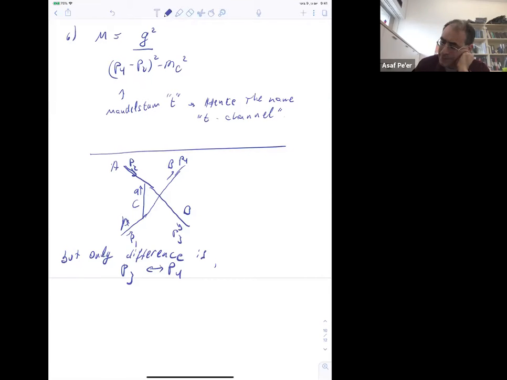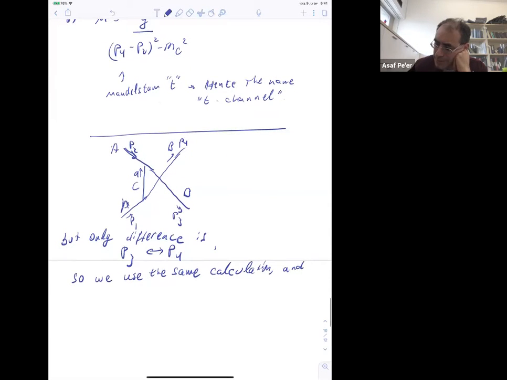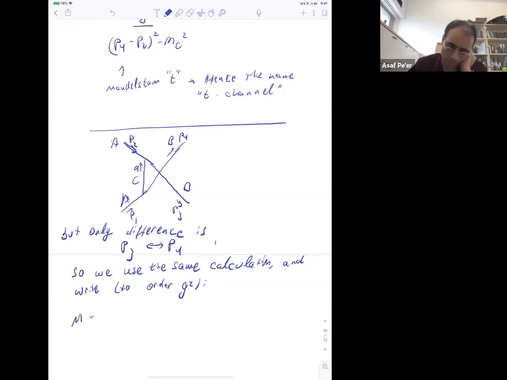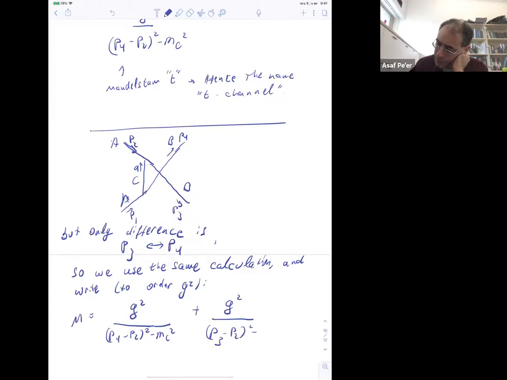We use the same calculation, and simply replace, and write down to leading order, M equals G squared divided by P4 minus P2 squared minus MC squared, plus G squared divided by P3 minus P2 squared minus MC squared.